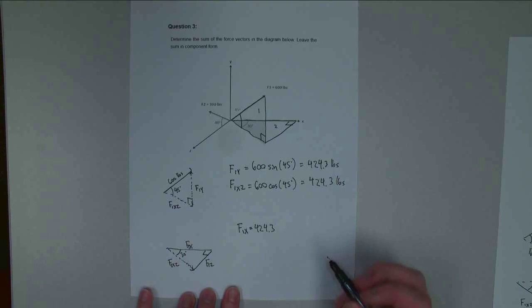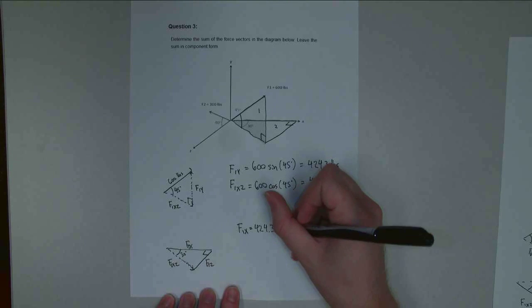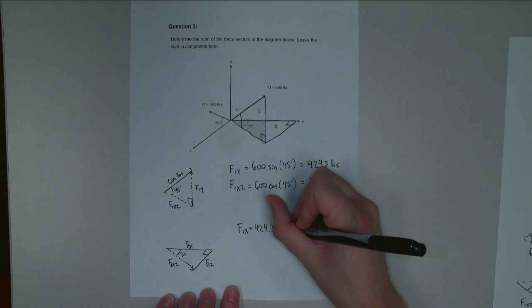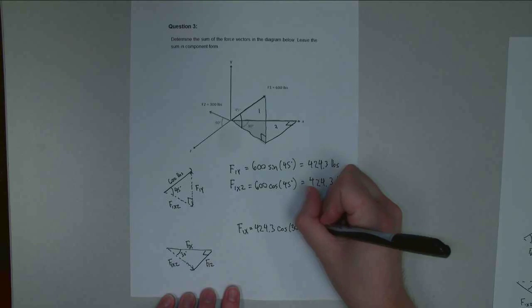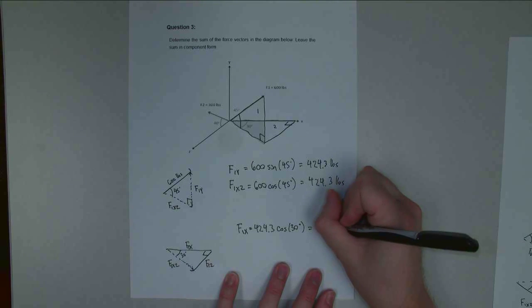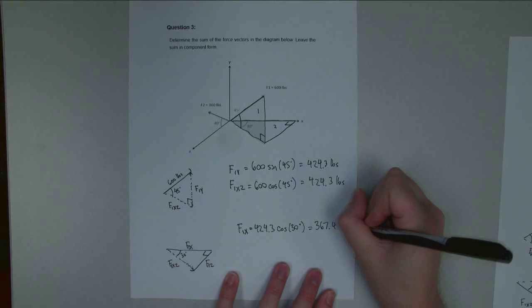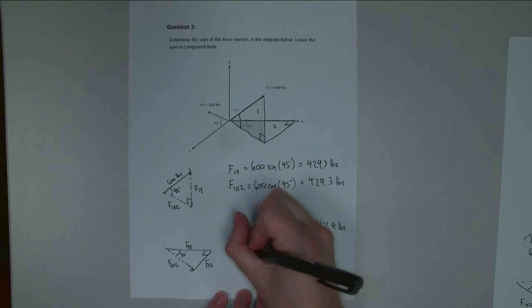Alright, so this F1x is the adjacent side on my triangle, and that is going to be the cosine of that angle. So 424.3 times the cosine of 30 degrees. And that is 367.4 pounds.